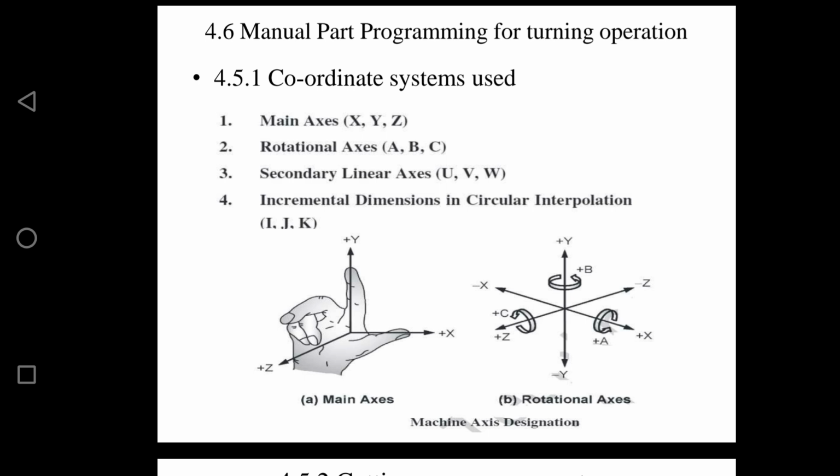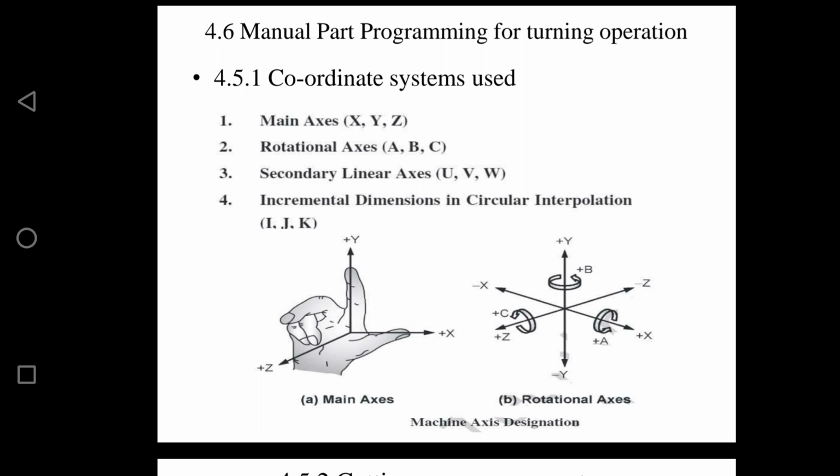If you want to write the part program for turning operation, you must know the different coordinate systems used. We have four types: the first is main axes, the second is rotational axes, the third is secondary linear axes, and the fourth is incremental dimensions in circular interpolation.